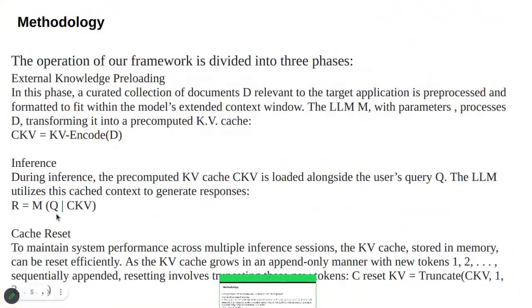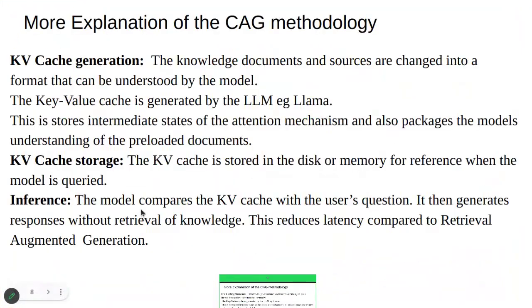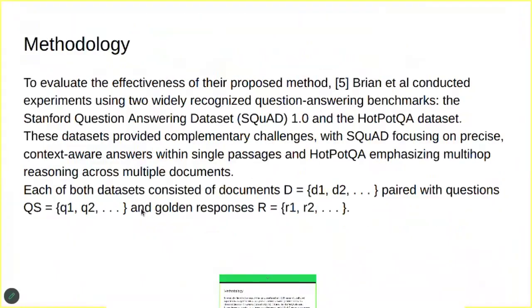So the response is equal to the model function applied to our CKV, which we got by adding the documents D1, D2, D3, the knowledge, together with the query Q. The documents and knowledge in this format, easily understood by the model, which can be a Llama, are fed into the model along with the person's query, and then we get a response. Faster inference, no retrieval. That's what you're looking at.